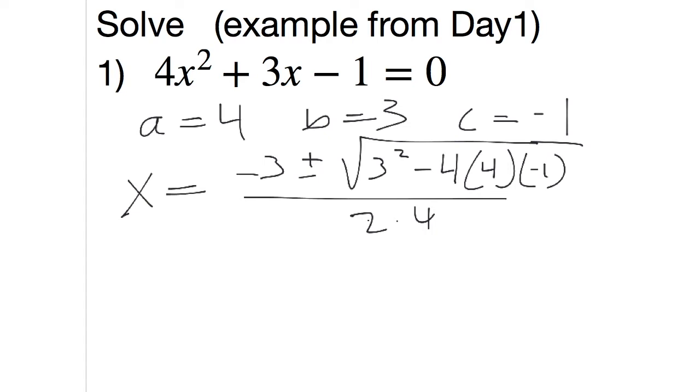There it is, there's your answer, and all you have to do really is simplify it. That's the hardest part, simplifying that huge long fraction with a square root inside.